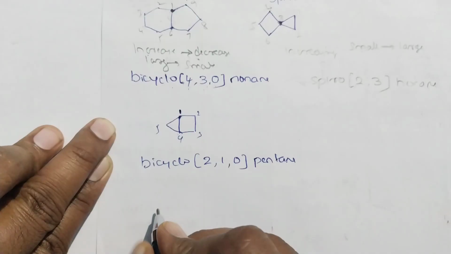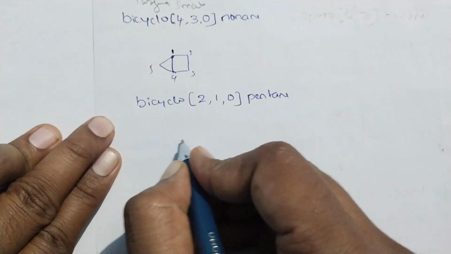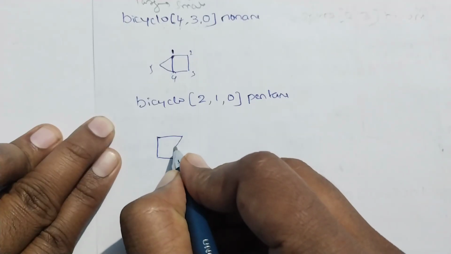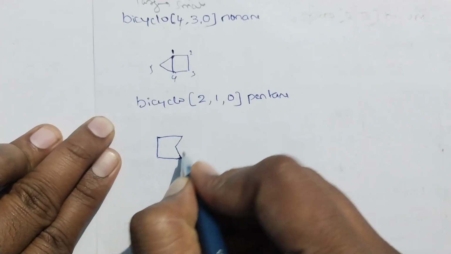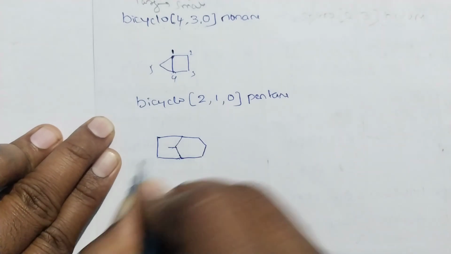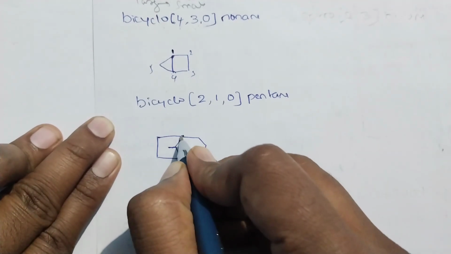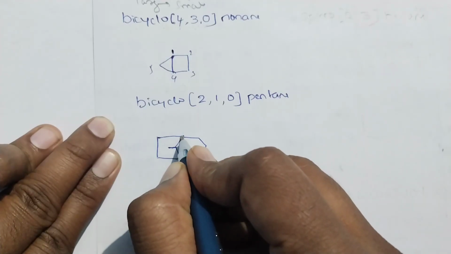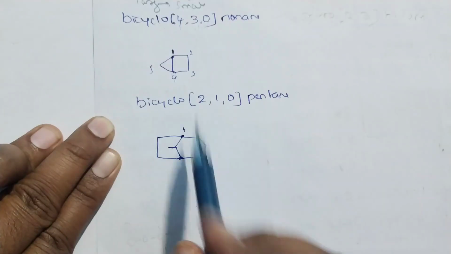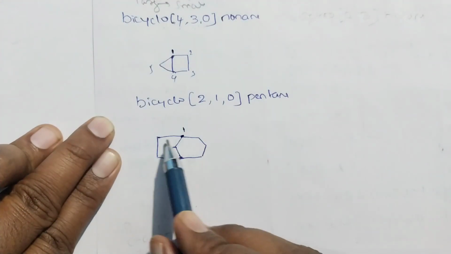And one more example. Okay, these are the bridged carbon atoms, hence you have to start the numbering from this carbon atom. First take the larger, so that this is larger than this.